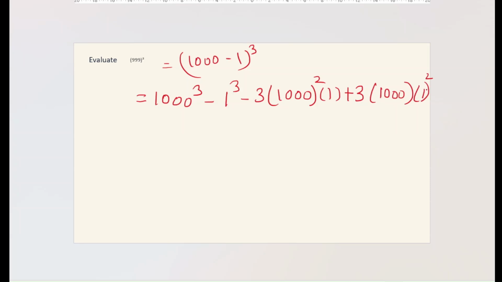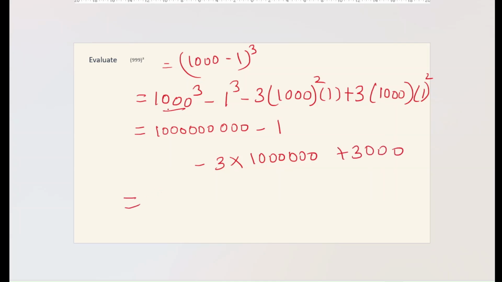Okay, so that is equal to 1000 cube, meaning 1000 multiplied by 1000 multiplied by 1000. So 1, 2, 3, again 1, 2, 3, again 1, 2, 3. Minus 1, minus 3 multiplied by 1000 square, so 1000 multiplied by 1000, plus 3000. How many zeros?